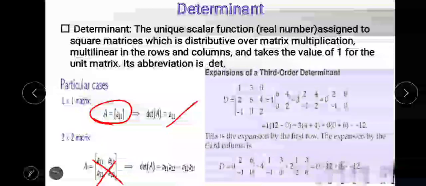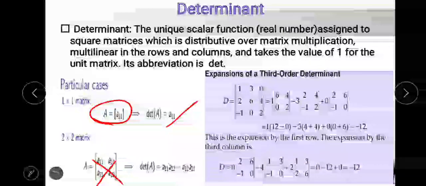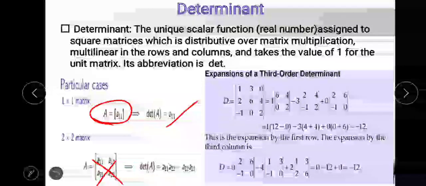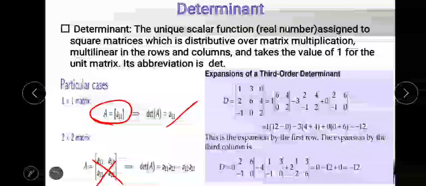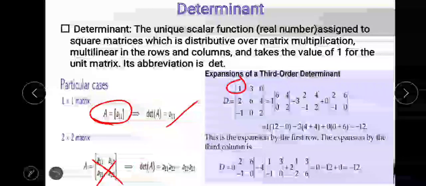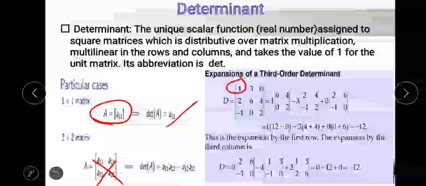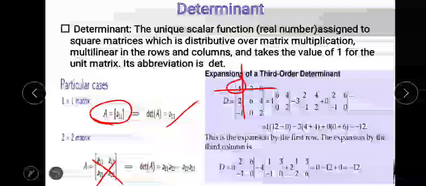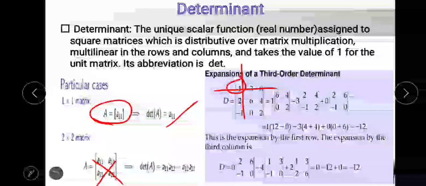Similarly, we can have the expansion of a third order determinant as mentioned here. We will take the first element, that is the element in the 1 1 position, into its minor. Minor is obtained by deleting the row and column of that element, and it is to be written within the determinant.